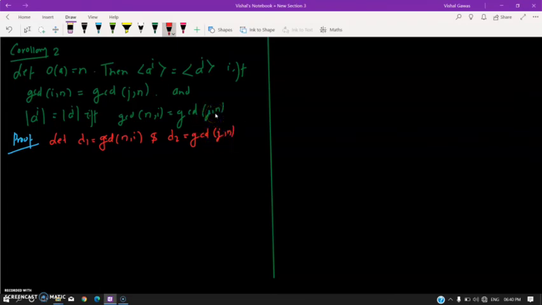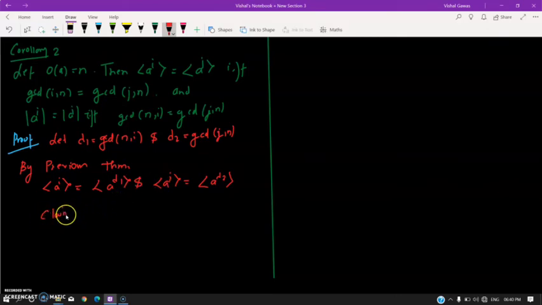You can also prove this. So by the previous theorem, what I know is the order of a raised to i is the same as n over d1, and the order of a raised to j is the same as n over d2, right?